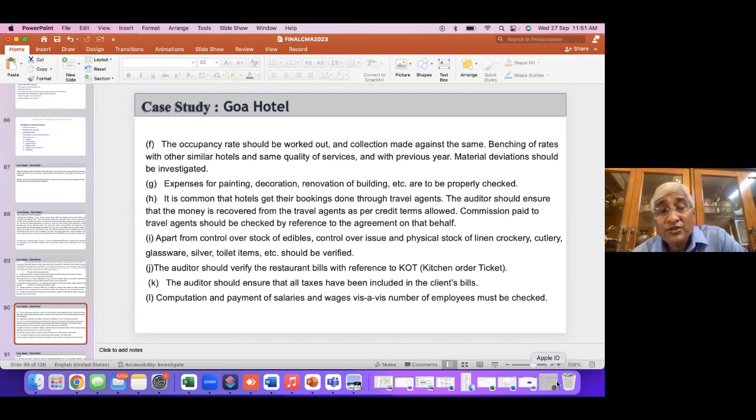Apart from control over stock of edibles, control over issue and physical stock of linen, cutlery, crockery, glassware, silver items, etc. is also to be verified, because the loss of a silver plate or a high value equipment will create a loss for that particular hotel, and also maybe a service disorder, because such things may not be in plenty.